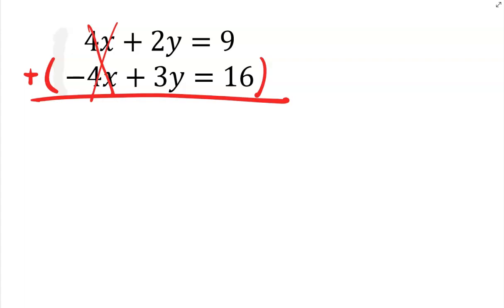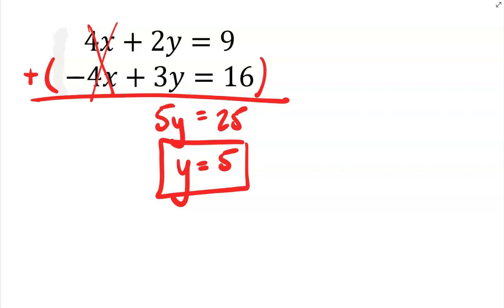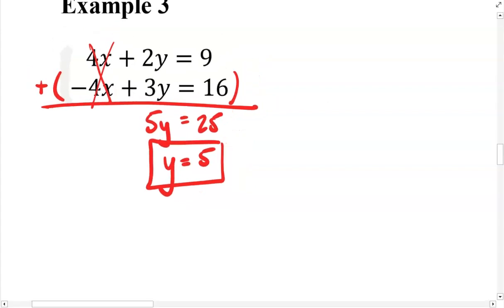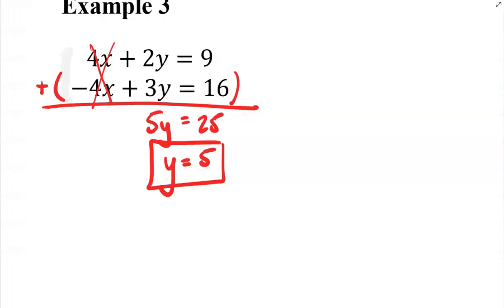As we move on, we see that 2y plus 3y would become 5y, and 9 plus 16 would become the number 25. Interestingly, if 5 times y is equal to 25, then when we divide both sides by 5, we see that our y value ends up being 5 itself. And this ends up being part of our solution. So y is 5.